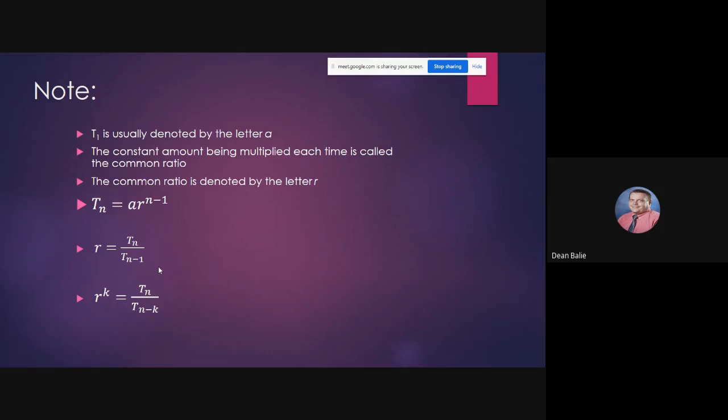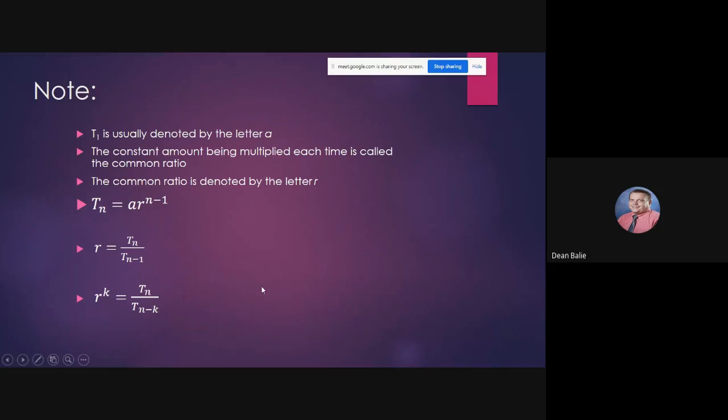That is how we can actually work out our common ratio. So if we've got consecutive terms, we simply divide the consecutive terms, and that tells me what my r value is. This one is for non-consecutive terms. So I divide the two non-consecutive terms. This k value over here is the number of terms between the two terms that we have.